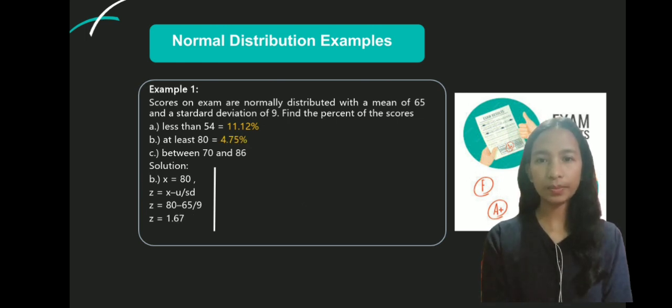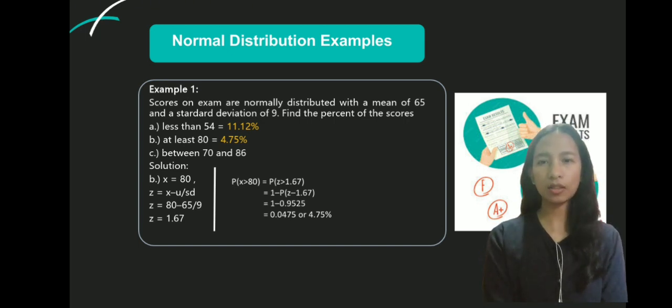Now, let's proceed to the percentage of scores that are at least 80. To calculate this, we first find the z-score using the formula z equals x minus mean divided by standard deviation. Plugging in the values, we get z equals (80 minus 65) divided by 9, which is equal to 1.67. Next, we use the standard normal distribution table to find the cumulative probability associated with the z-score.